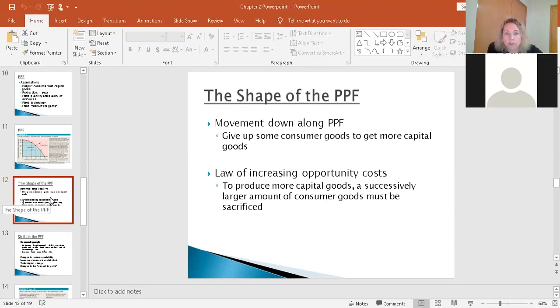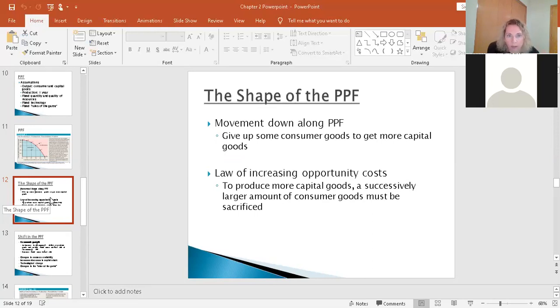All right, and that brings us to the law of increasing opportunity cost. The law of increasing opportunity cost is the phenomenon that we will see, that we will calculate, as we move from point A all the way down to point F. So the law of increasing opportunity cost says, in this example, that to produce more capital goods, which is what's along our x-axis, a successively larger amount of consumer goods must be sacrificed.